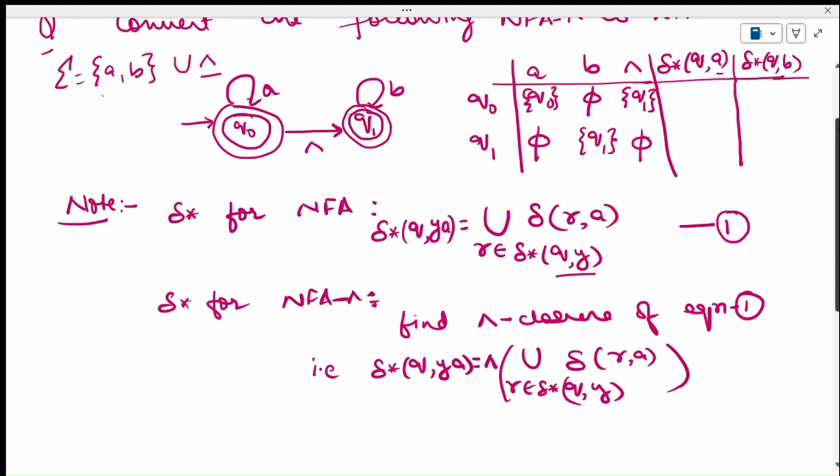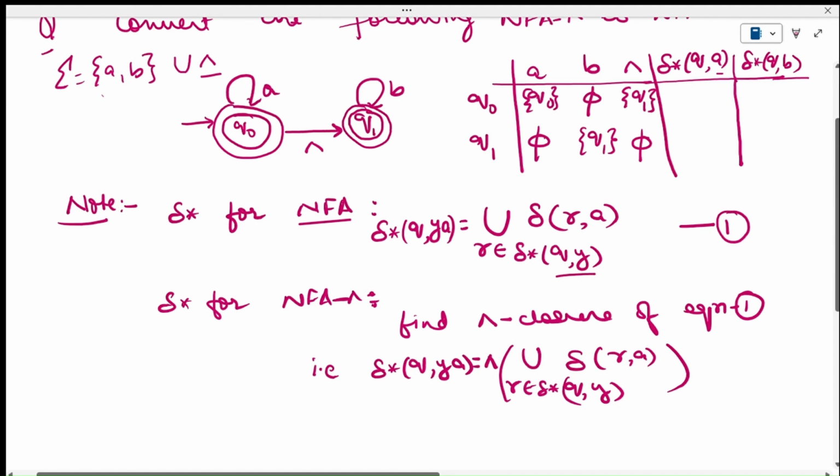And once we know the extended transition function for NFA, we can compute just by following the null closure of the equation 1 to get the delta star of NFA null. We have already discussed null closure concept also in the earlier videos. So just follow this.